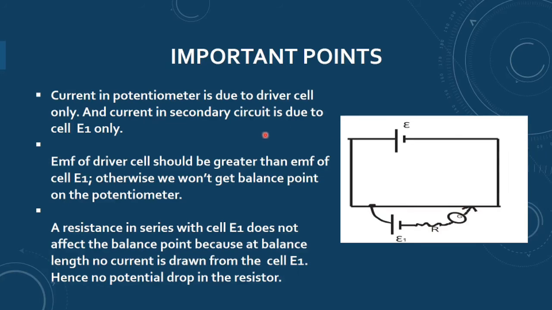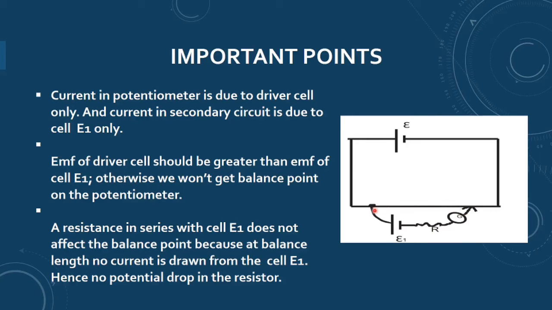Now to revise the important points: current in the potentiometer is due to this driver cell and current in the secondary circuit is due to this E1. Now the EMF of the driver cell should be greater, otherwise you are not going to get the balance point. So that can be one problem faced in doing the experiment, that many times you say, ma'am, we are not getting the balance point.